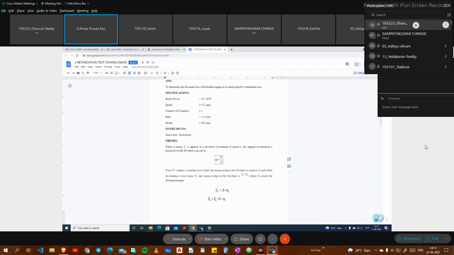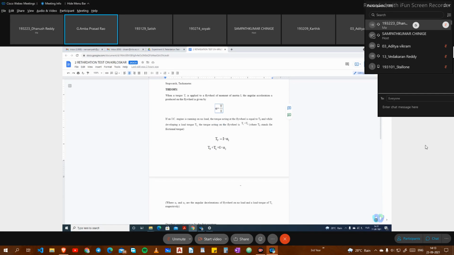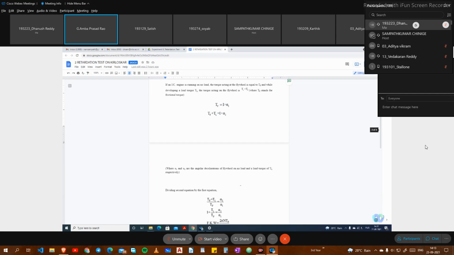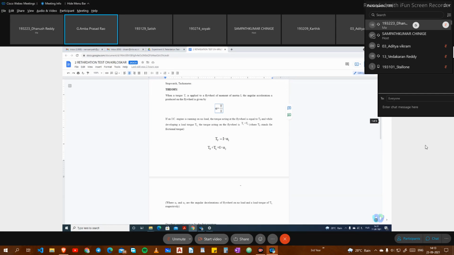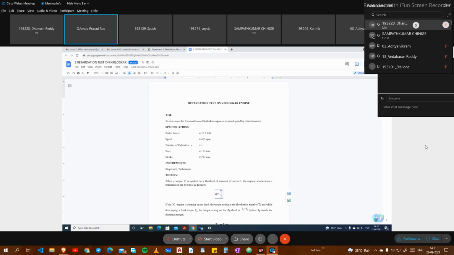But what we are doing in the retardation test is bringing the engine to the rated RPM. We were discussing the Kirloskar engine, because this test is also targeted at the Kirloskar single cylinder diesel engine, whose nameplate details are 1500 RPM.